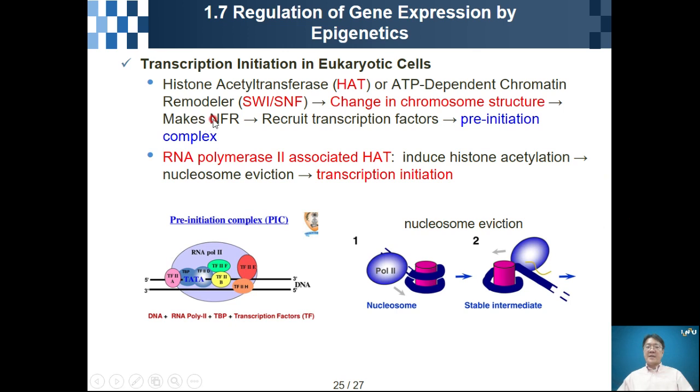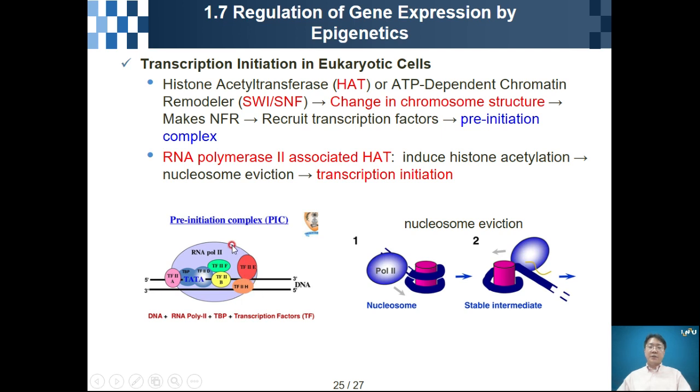Finally, it will make the NFR, so it will recruit several transcription factors. So it will make the pre-initiation complex. And RNA polymerase 2 itself also has the HAT function. So RNA polymerase binds, and they make the pre-initiation complex at the NFR region.